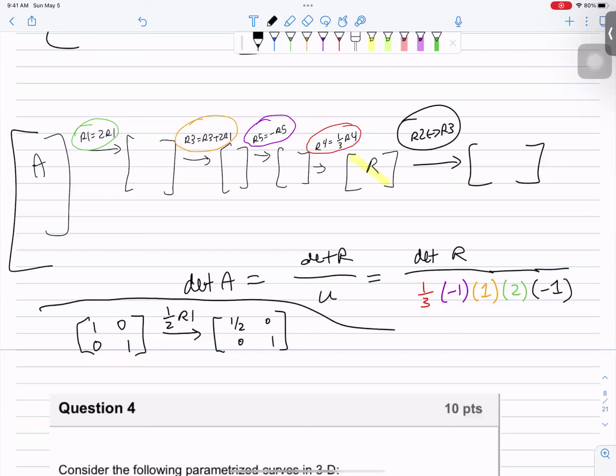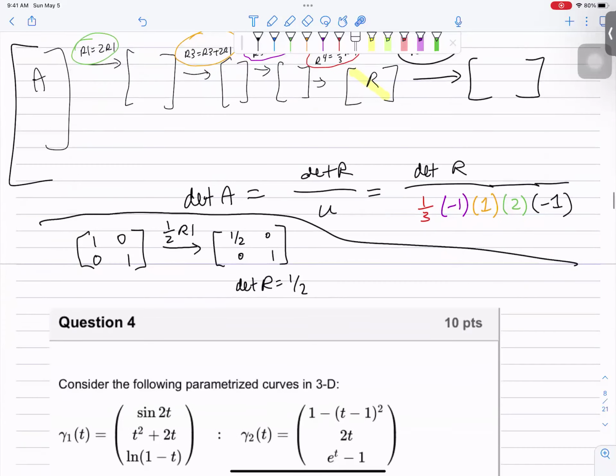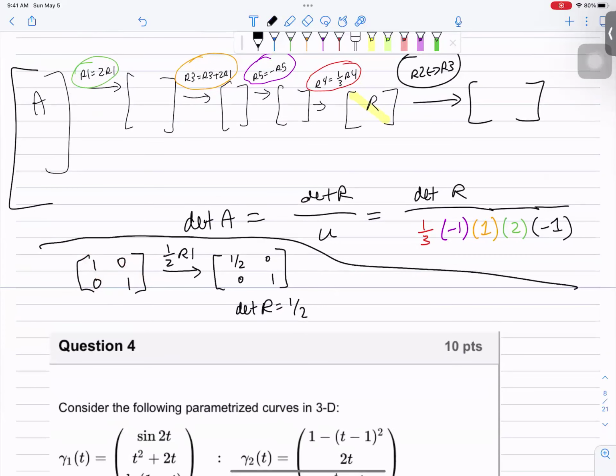This is my side example. The determinant of R here equals a half, and the determinant of my original matrix A was 1. So by rescaling the first row by half, notice how it multiplied the determinant by half as well.